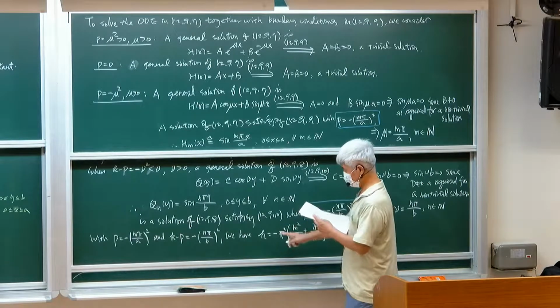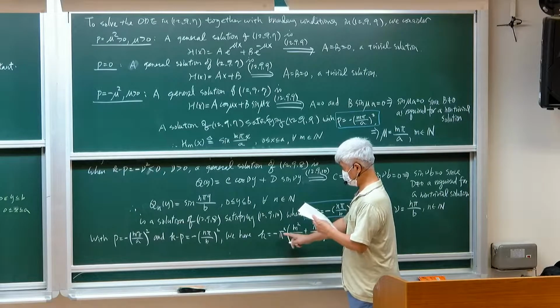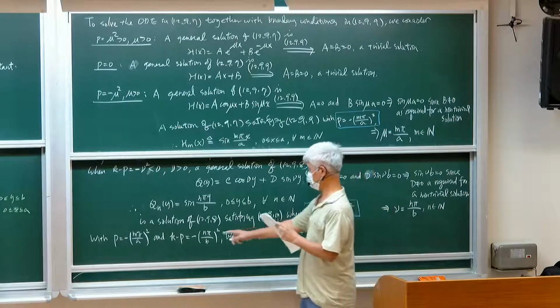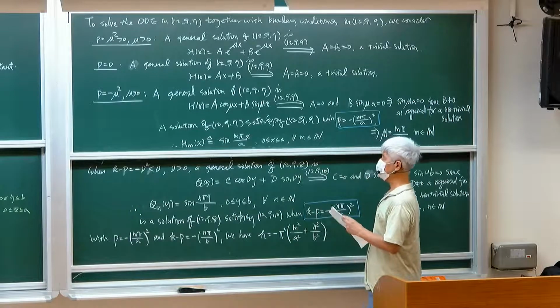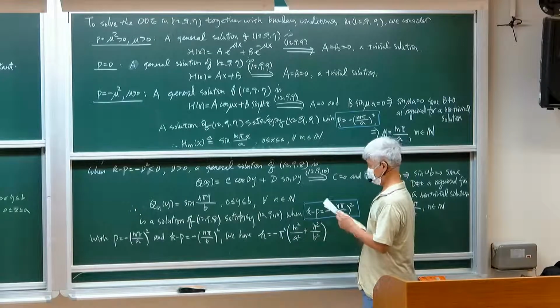So k is equal to minus pi squared times the sum of these two squares.